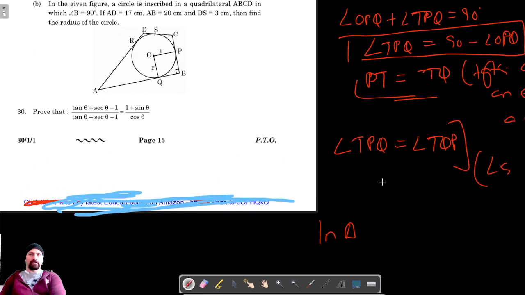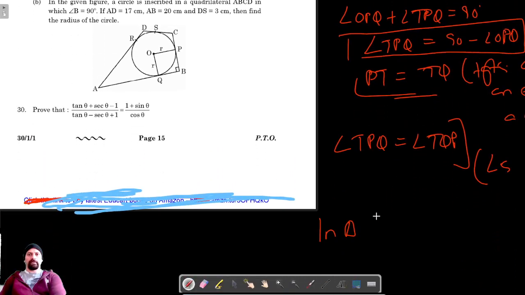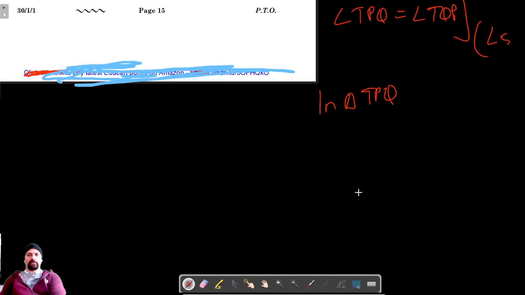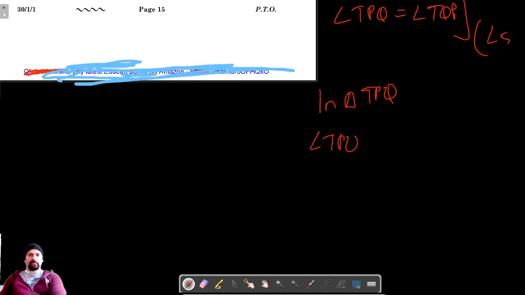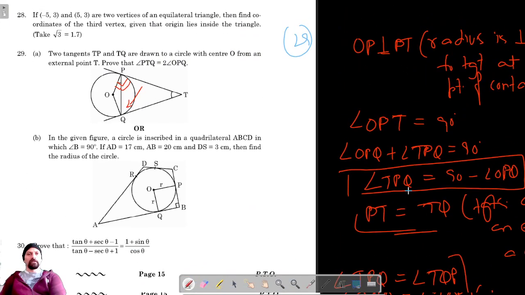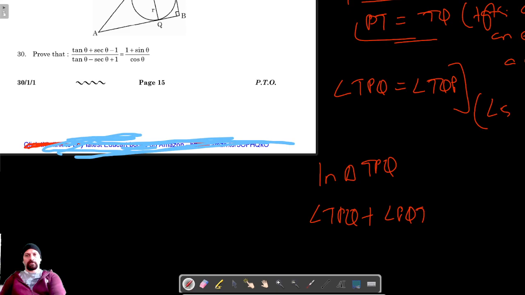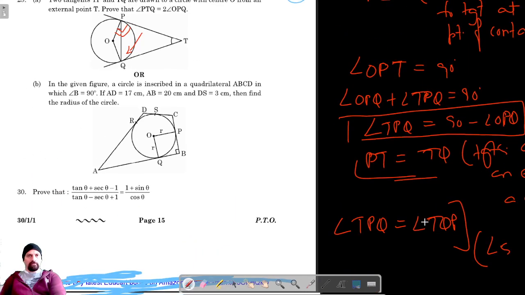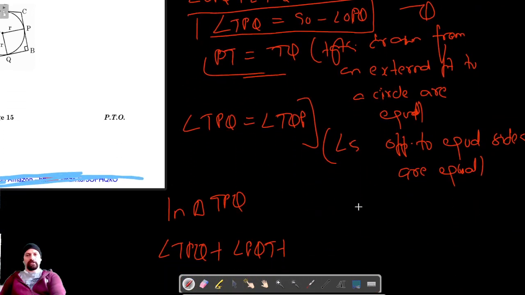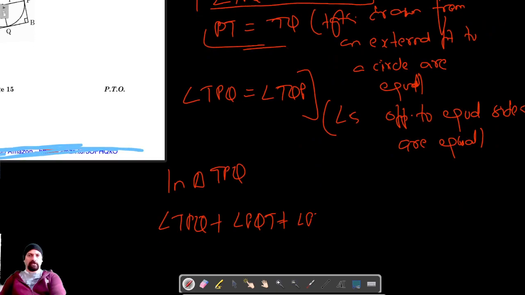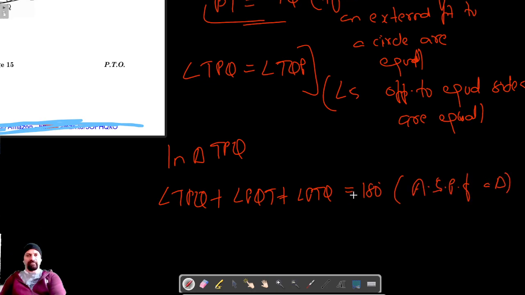So in triangle TPQ, angle TPQ plus angle PQT plus angle PTQ is equal to 180 degrees. This is the angle sum property of a triangle.